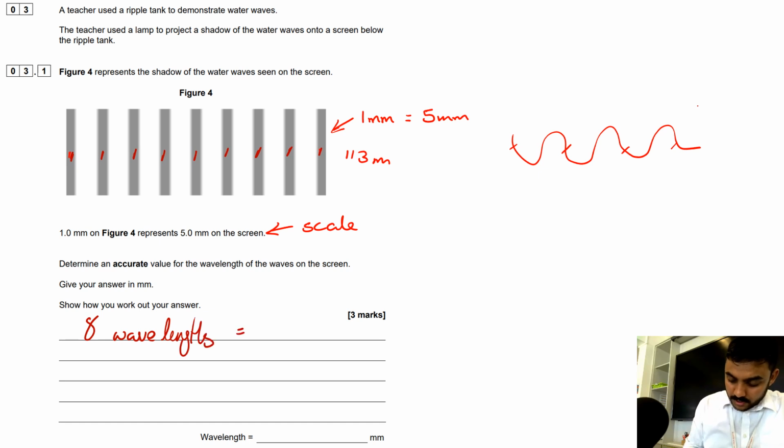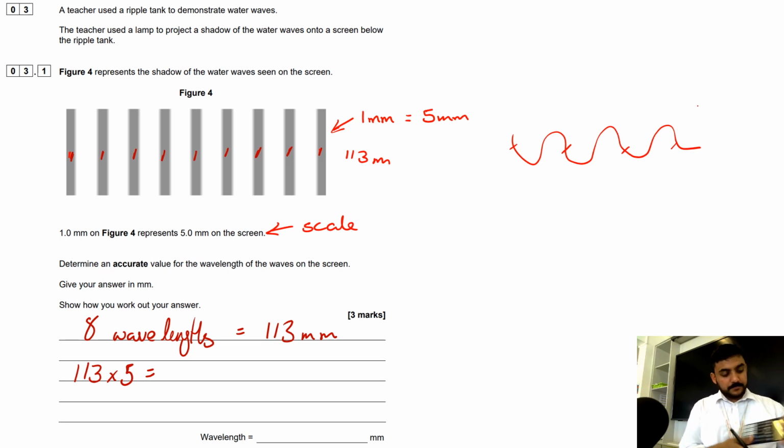equals 113 millimeters. Well, timesing that number by 5, because 113 millimeters times by 5 gets you a bigger number, 565.